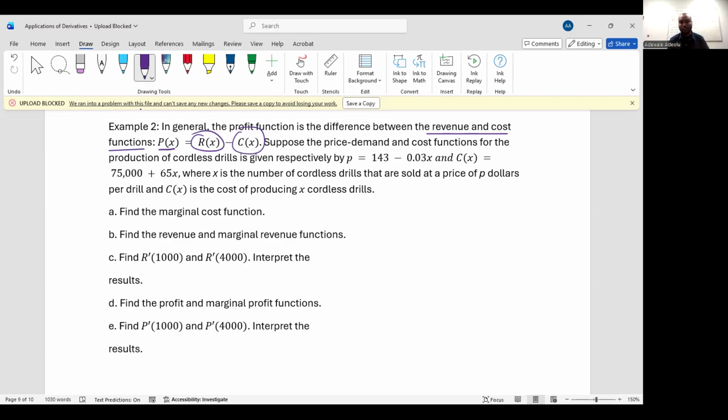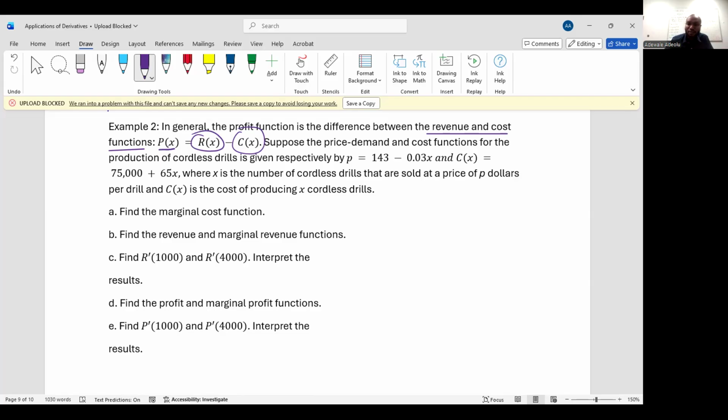I also told you the meaning of marginal cost. That is the cost for producing the next one item. Marginal revenue is the amount generated, the revenue for selling the next one item after that particular point. Okay, we can move on now.